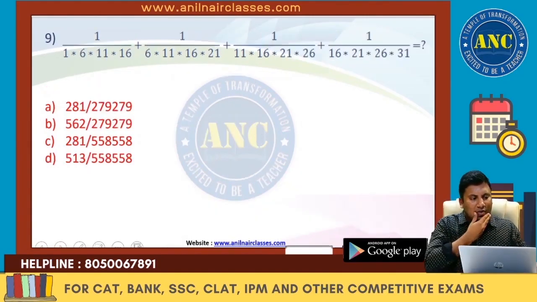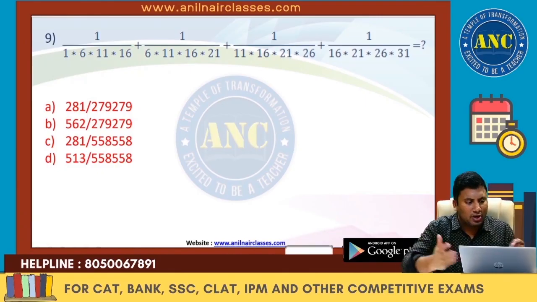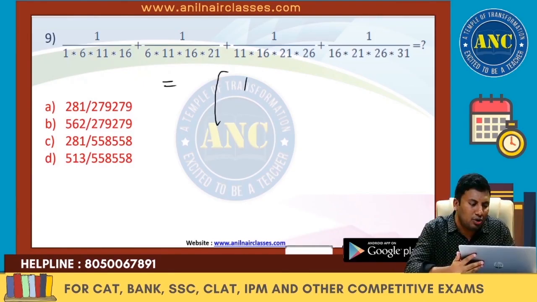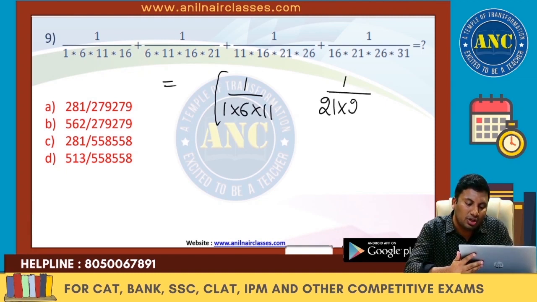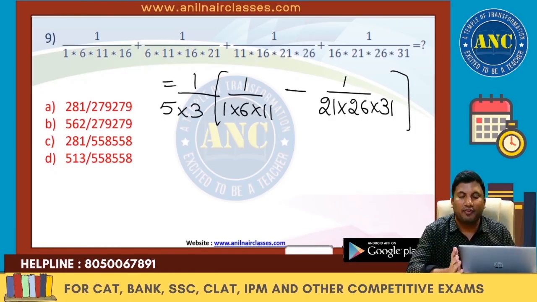Now next question. 1 by 1 into 6 into 11, 11 into 16, 6 into 11 into 16 into 21 and so on up to. So answer is nothing but 4 numerical values are there. Write down the first 3 numerical values and write down the last 3 numerical values. The difference is 5, so 4 numerical values will become 3.